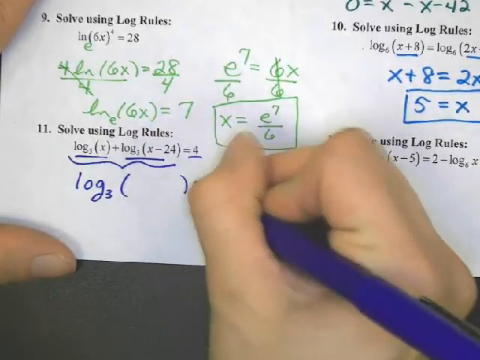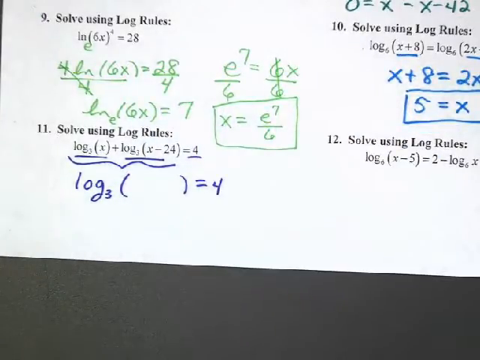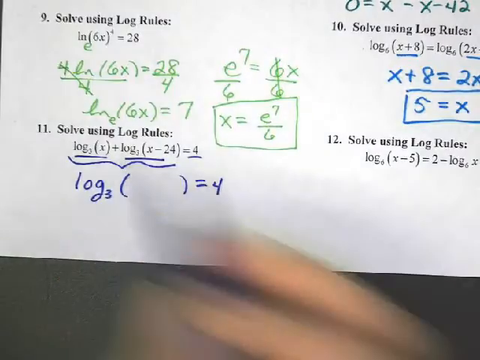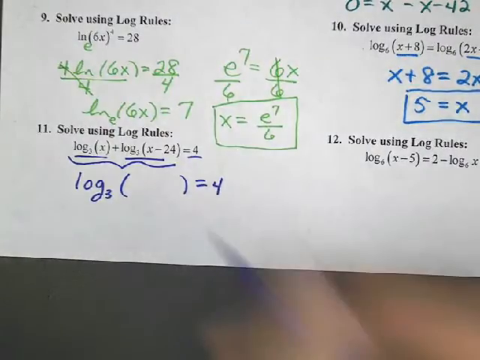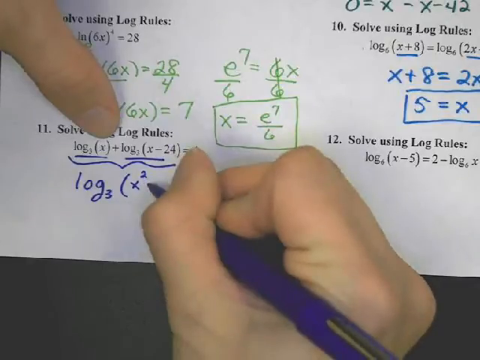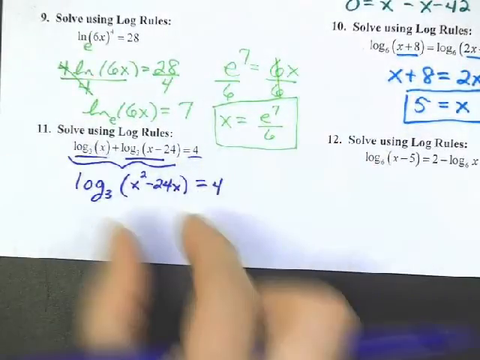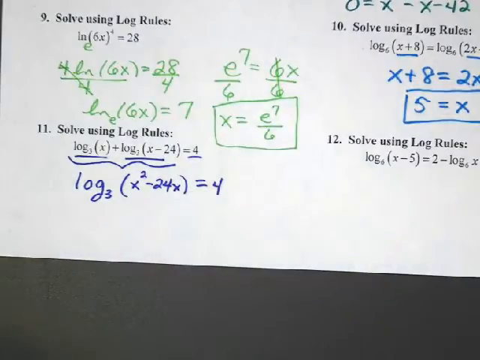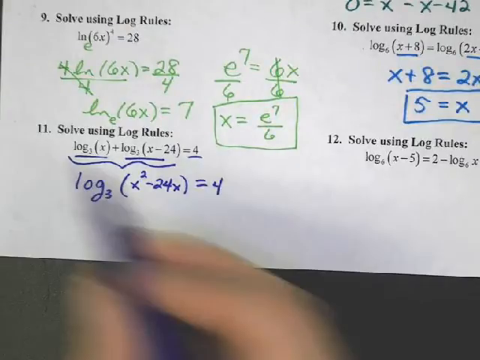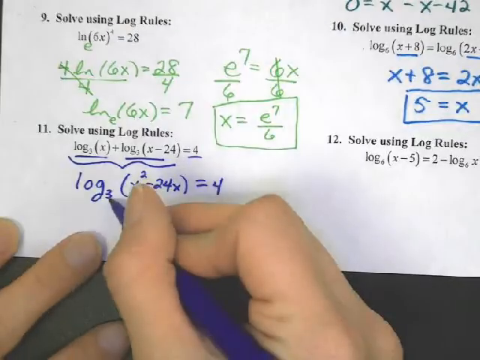So you're going to have 1 log. We still have equals 4. And the arguments are going to get multiplied. X squared minus 24x. Make sure you use parentheses so all of that stuff gets in the log, in the argument. And when you get stuck in log form, you go ahead and do a log circle.